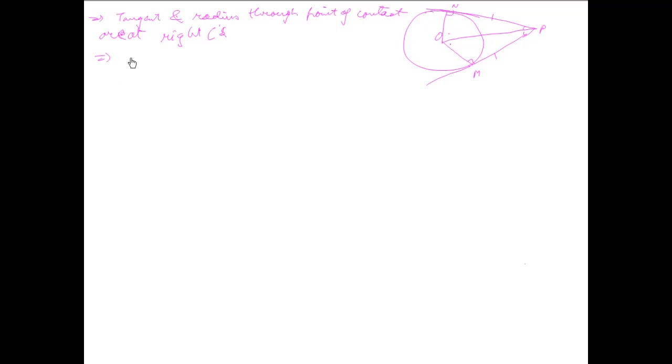Second theorem, tangents from an external point are equal. Then children, this is equal to this. Angle at centers are equal. And this angle is equal to this angle, children, and that's by corollary, children. So every time we use it, we have to prove that theorem. We cannot use it directly, children.